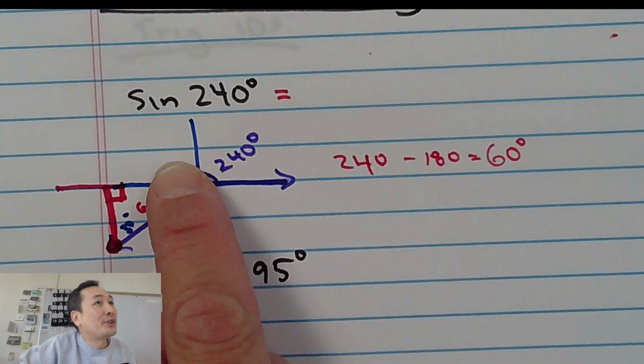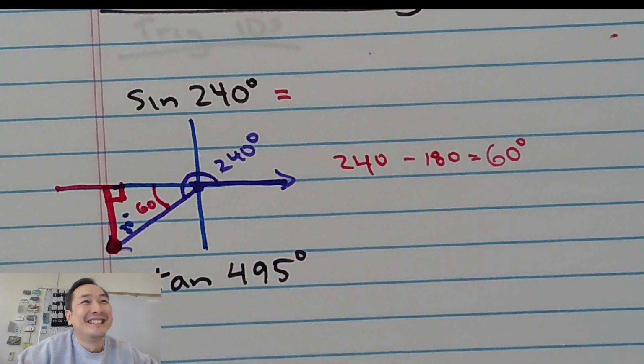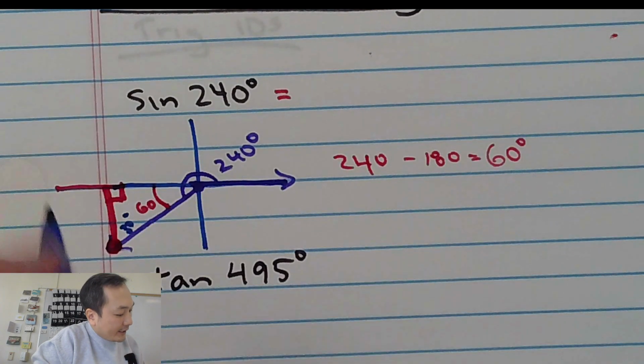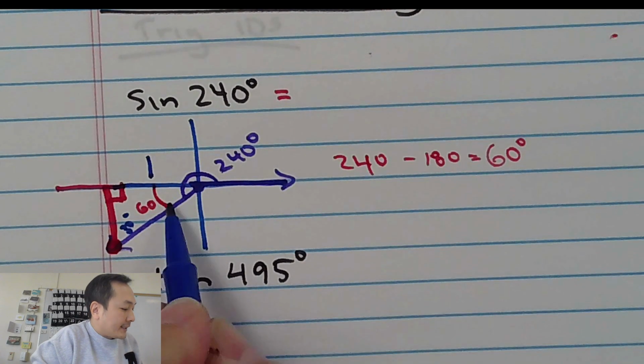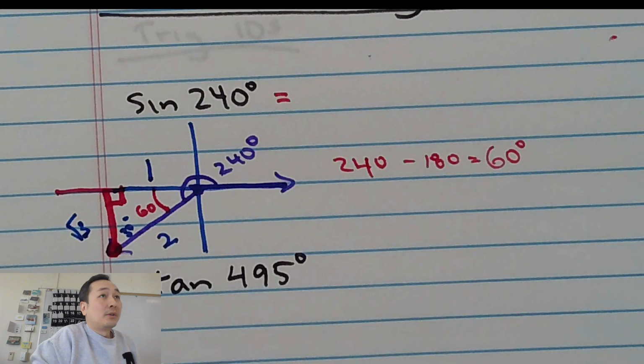What's the ratio of the sides of a 30, 60, 90? A, A rad 3, and 2A, right? But the most reduced version, remember, is 1, rad 3, and 2, correct? So across the 30 is 1, across the 60 is rad 3, across the 90 is 2, correct?